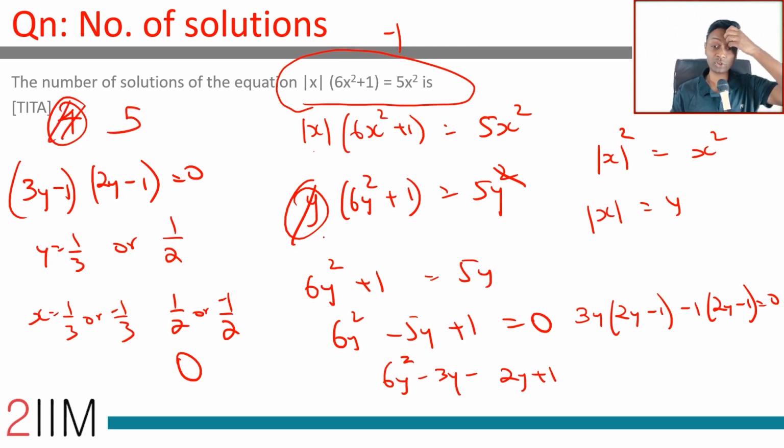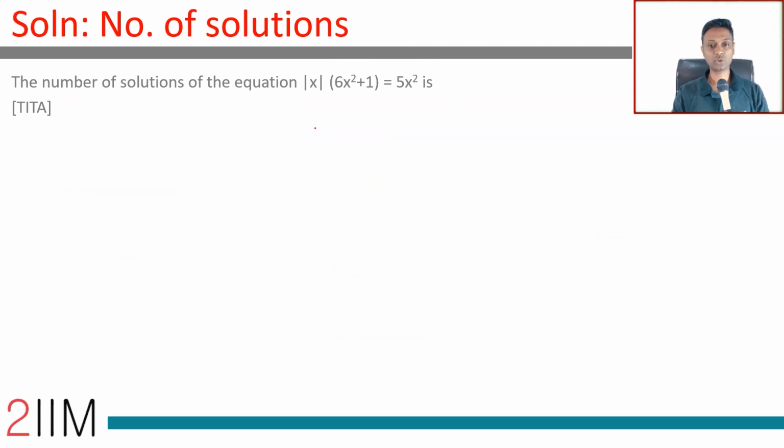Every time you cancel on both sides, you've got to keep in mind that you simply cannot cancel 0 on both sides. That means when you cancel, you're saying this cannot be 0. So you have to worry about the time where it becomes 0 and then account for that solution. So x is 1 by 3, minus 1 by 3, 1 by 2, minus 1 by 2 and 0. 5 possible values exist.